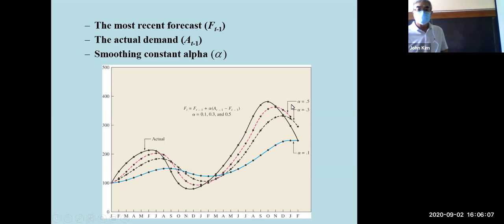If we use alpha equals 0.5, 0.3, or 0.1, then where the actual demand peaks here, with alpha 0.5 the peak is here.